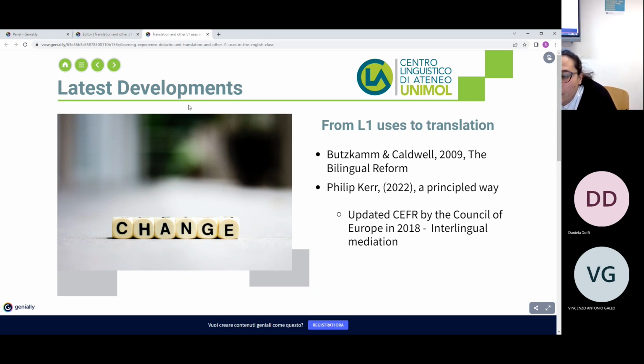But what I really liked was its way of proposing a principled way to use translation. And one wouldn't only want to restrict to translation, but to interlingual mediation.